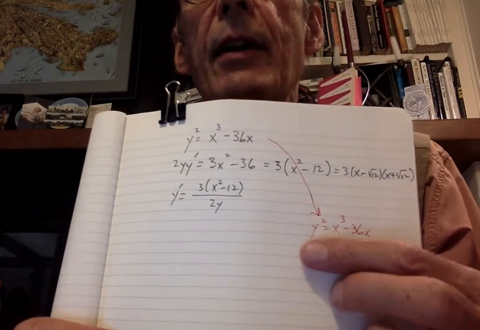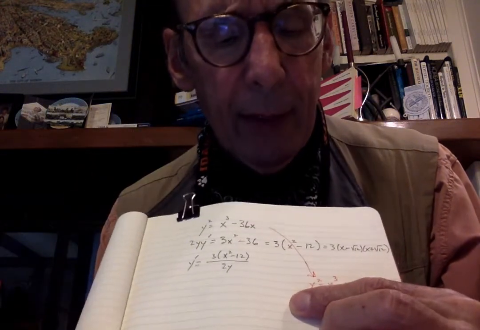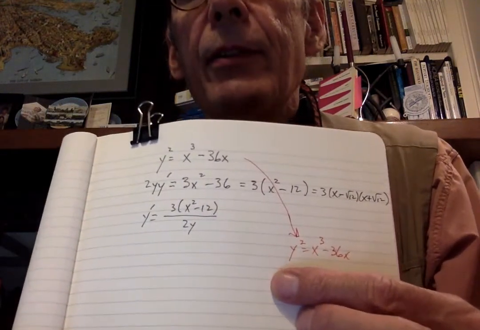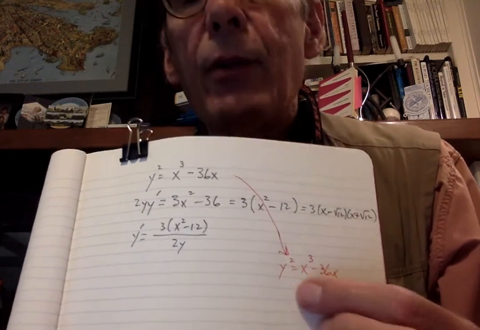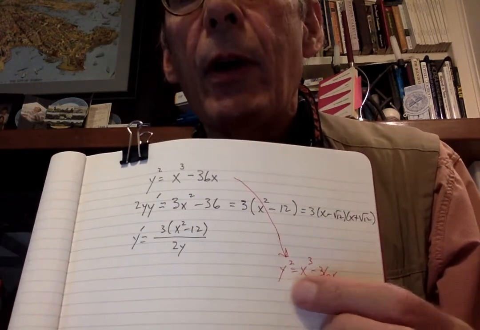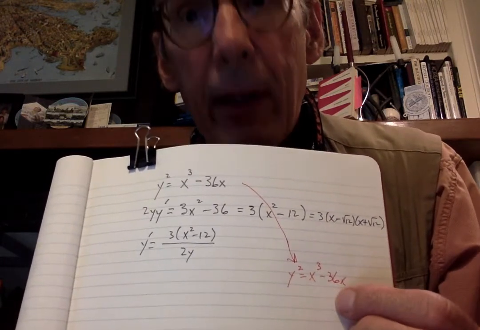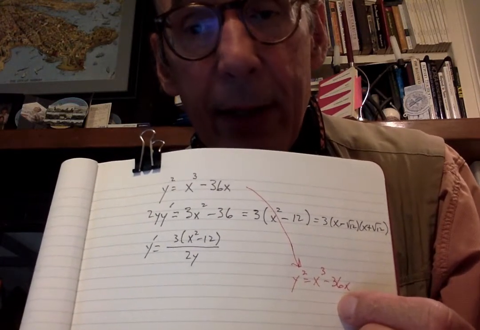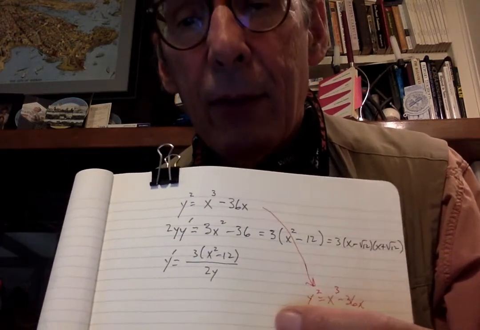The left-hand side is positive. So that means the right-hand side has to be positive. So what you have to do is look at where this cubic is positive. If the cubic is negative, there are no possible solutions in here. You can't have a negative equal to a positive, and y squared is positive.